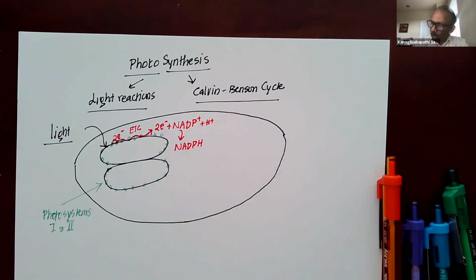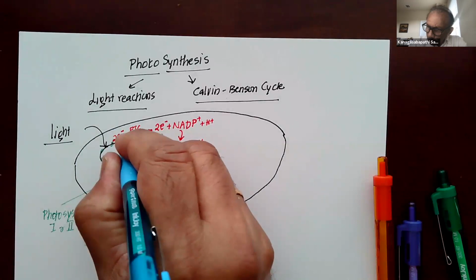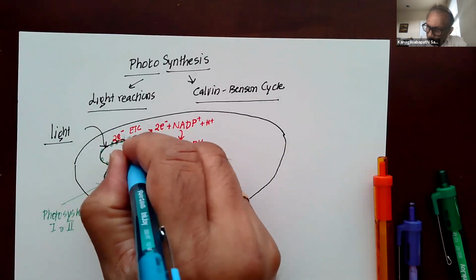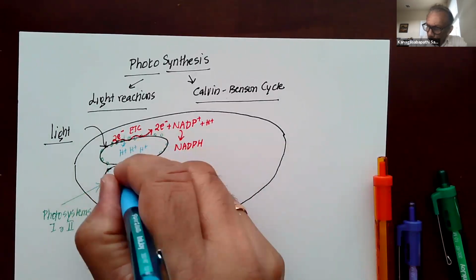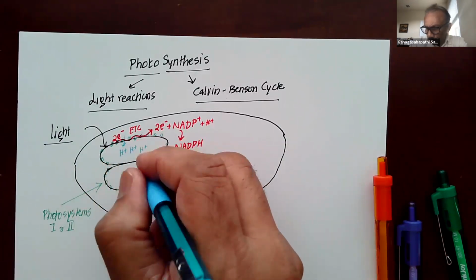And while that's happening, we also noticed this concentrates protons inside, and the thylakoid becomes rich in protons when the electrons are going through.